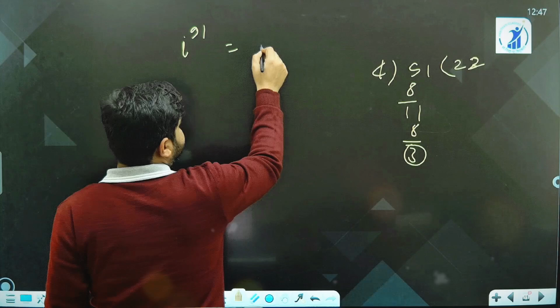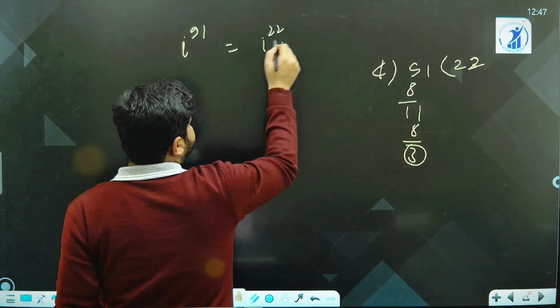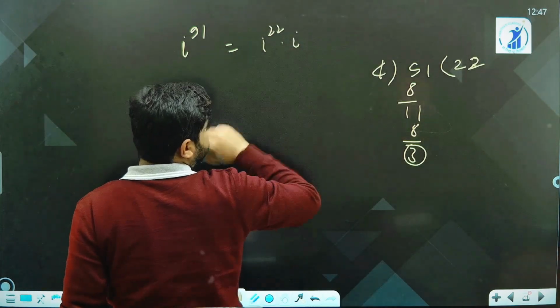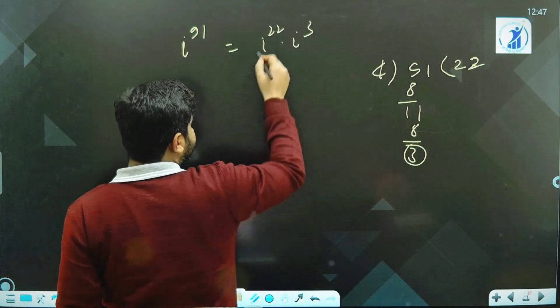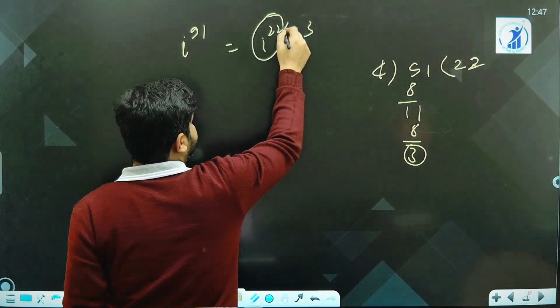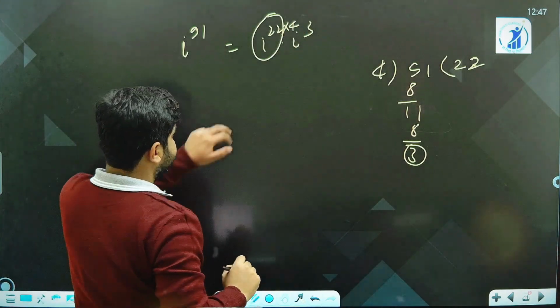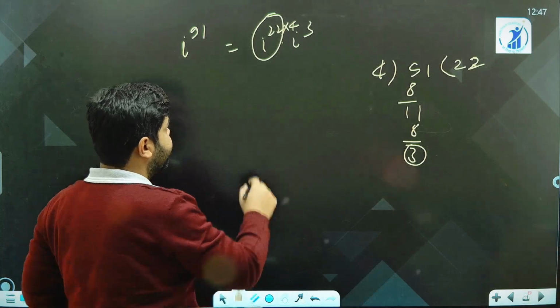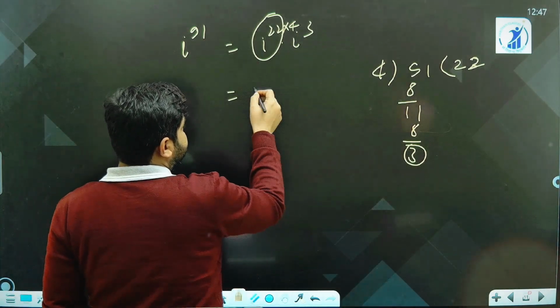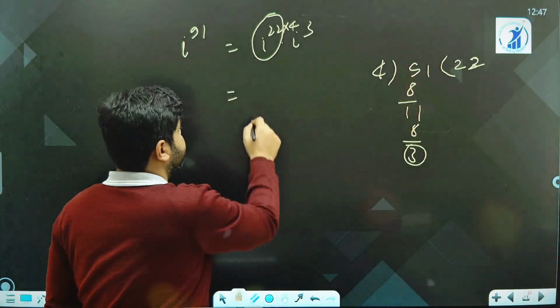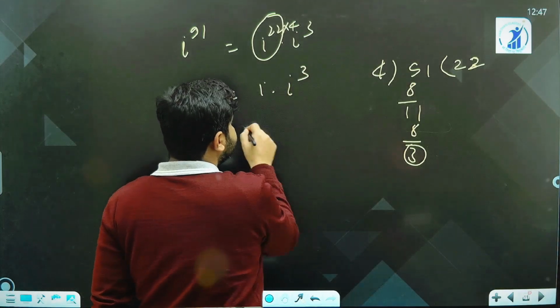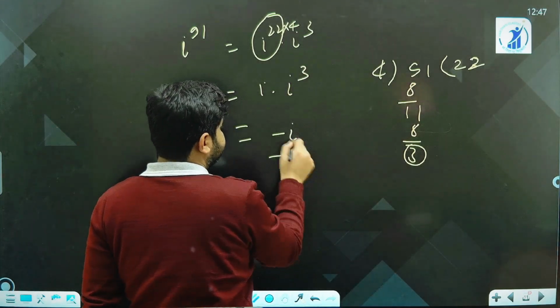So we can write it as iota to the power 88 into iota to the power 3. As we know, 88 is a multiple of 4, so we can write the value: iota to the power 4 is 1, and iota cube is minus iota.